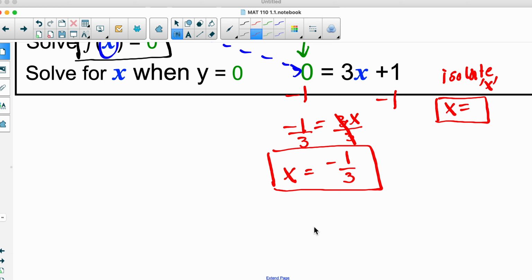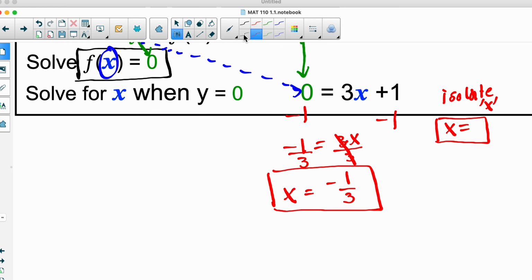So let me finish it off and write this now to say that f of negative 1/3 is equal to 0. Okay, so when I input negative 1/3, I get an output of 0.